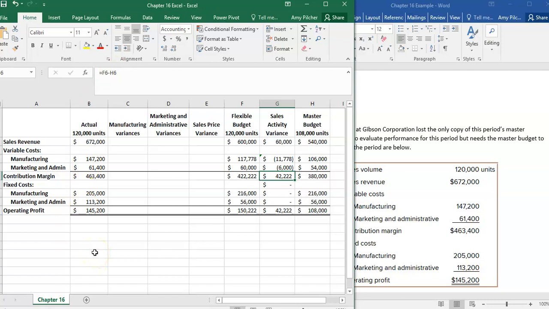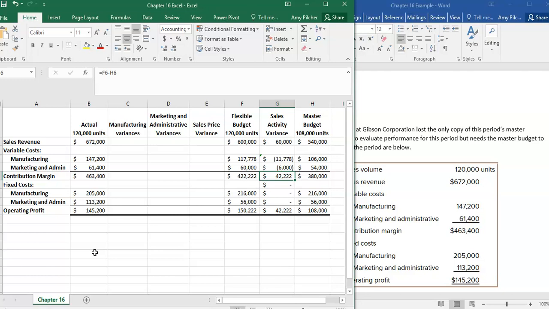So we have unfavorable manufacturing and marketing administrative variable variances for our sales activity variance, and we have favorable sales revenue and contribution margin operating profit variance. There's no variance in fixed costs between the flexible budget and the master budget.